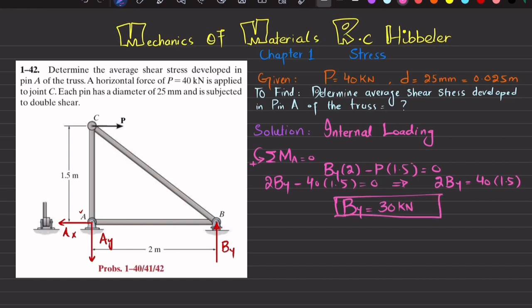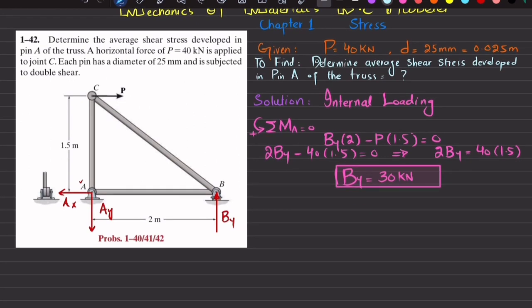Now you have this By, so we will move and we will find Ax and Ay. For finding Ax, we will apply the equation of equilibrium, that the sum of all forces along horizontal must be equal to 0, and force in this direction is taken as positive. You can see this force, Ax, is negative, plus this P which is in the positive direction.